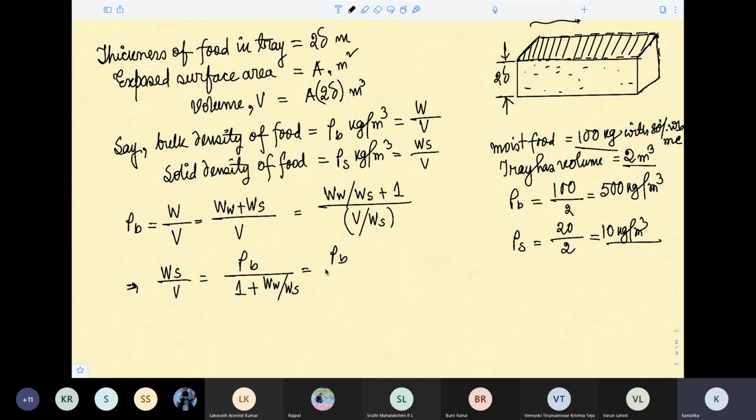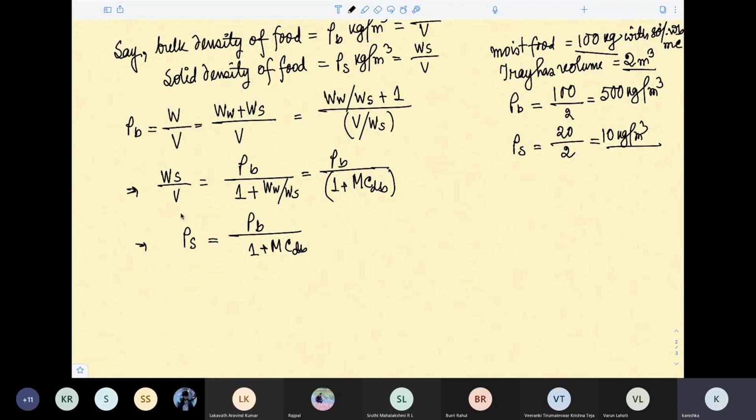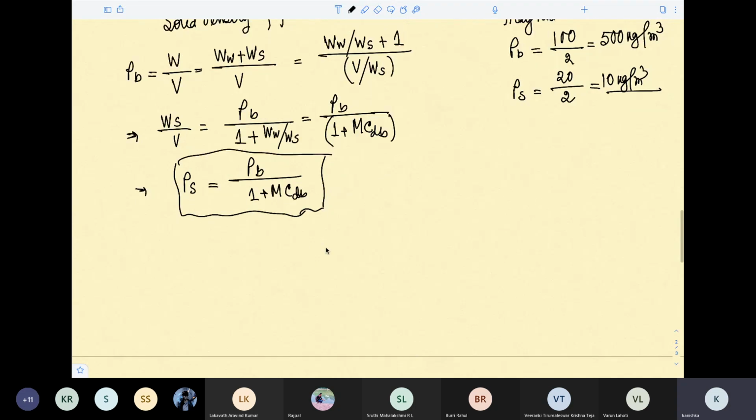So this is rho B by 1 plus moisture content in dry basis. Therefore rho S equals rho B divided by 1 plus moisture content in dry basis. Okay, this is one expression that will be very useful while we will be solving the problems.